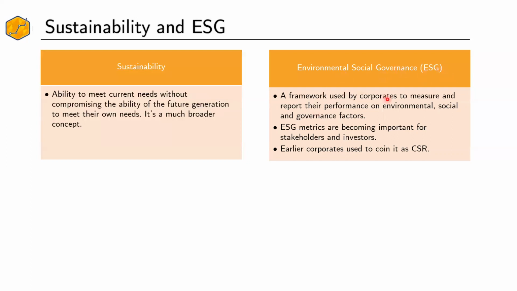It's a framework that corporates use to measure sustainability: what is the impact of the activities corporates are doing on these three fronts, how they are affecting the environment, what they are doing on the social dimension, and on the governance side. If you take all those activities and their impact, then you can find a score, and however you calculate that score, that's called the ESG framework.